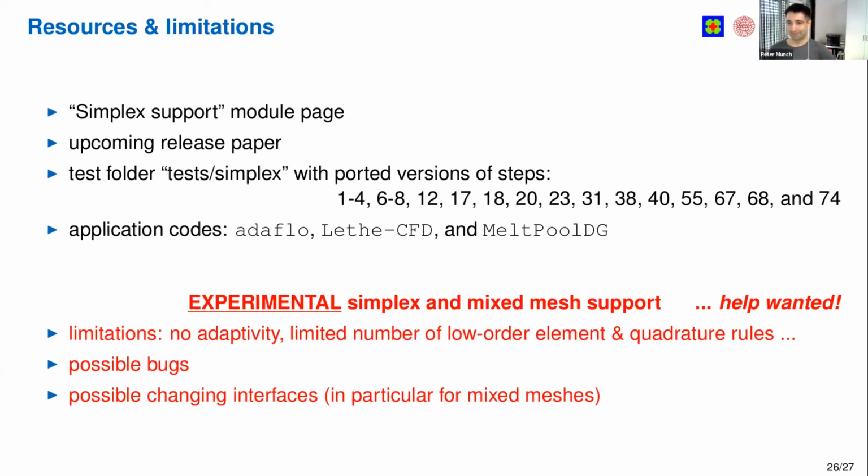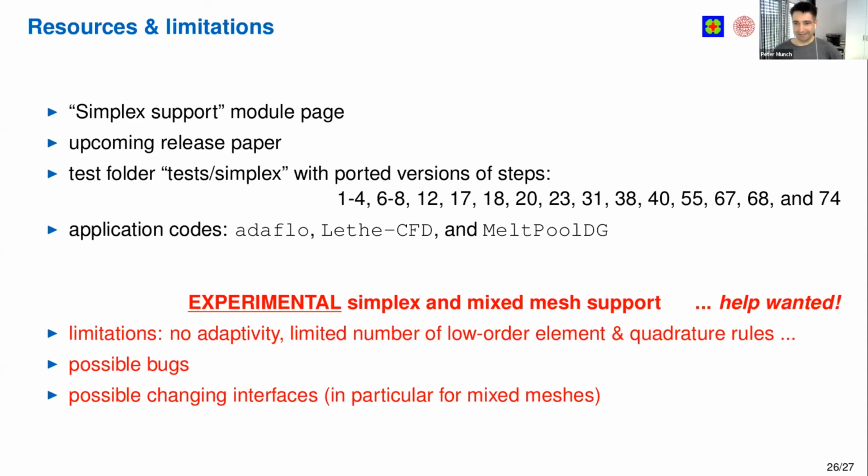And I would like to point out that deal.II is community work. So if you find a bug or you think you found a bug, please report it. Maybe you have used it wrongly, but nevertheless, as I said, the probability that the bug is actually in the library is quite high. So we really appreciate it if you report it.